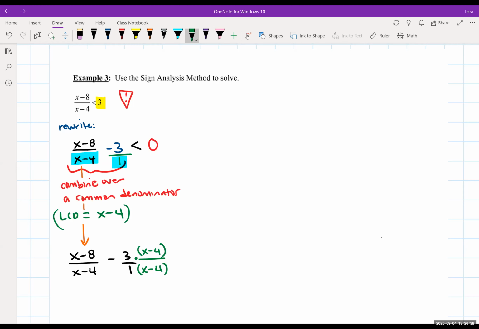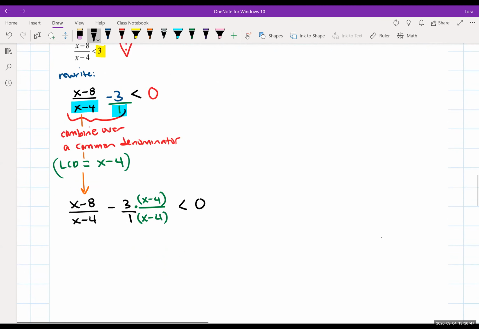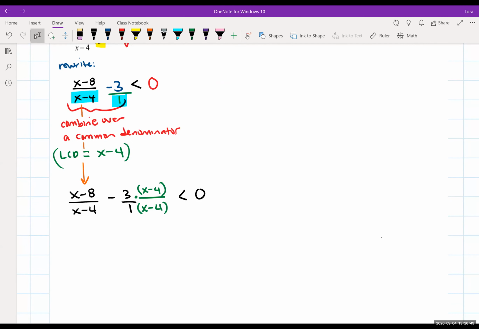That's why whatever you do to the denominator, you do to the numerator. And remember, the inequality is still compared to 0. So really, the majority of the work for this type of problem is involved with making sure you're going through the algebraic steps to simplify this left-hand side expression into a single fraction.